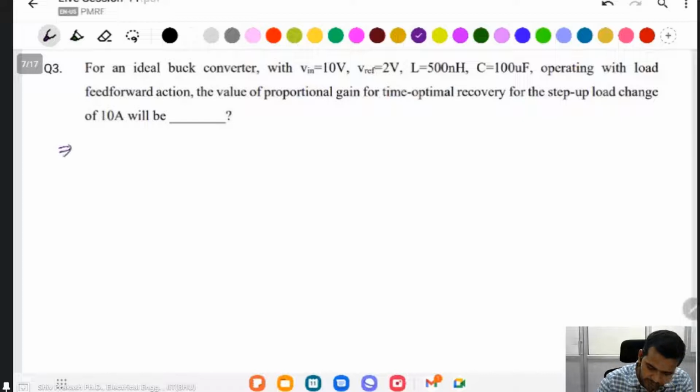You know the buck converter circuit very well.